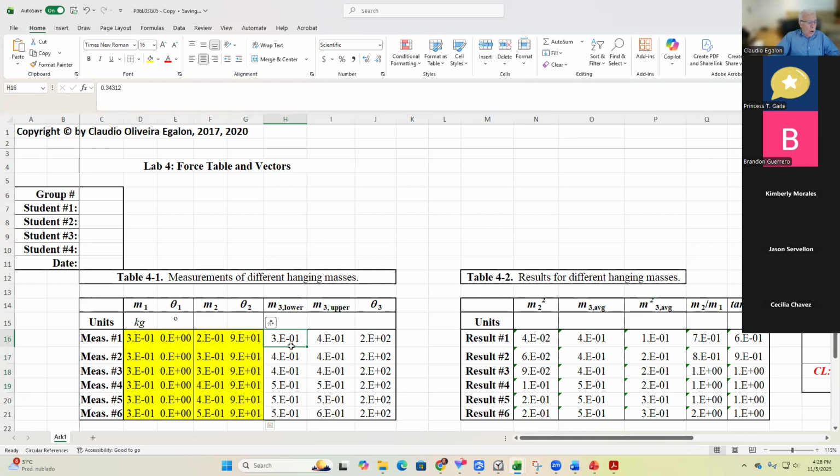Here you're going to find the lowest mass required to equilibrate the system. And here we're going to find the highest mass that still keeps the system in equilibrium. Those two are also measurements because we're measuring the masses: lower value of the third mass, upper value of the third mass. And here is the angle that we found when we applied our own hand in the system.